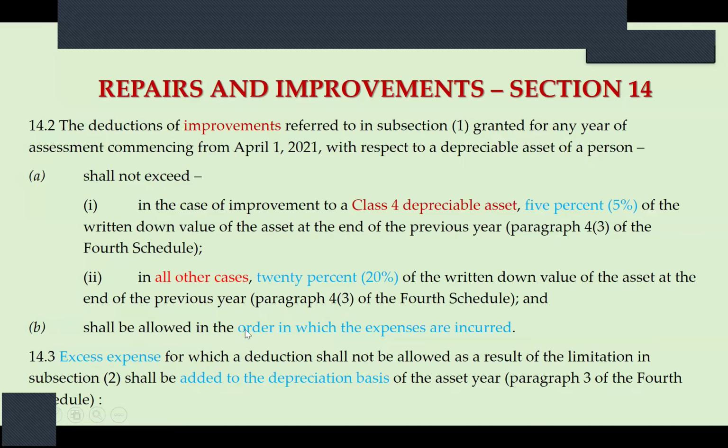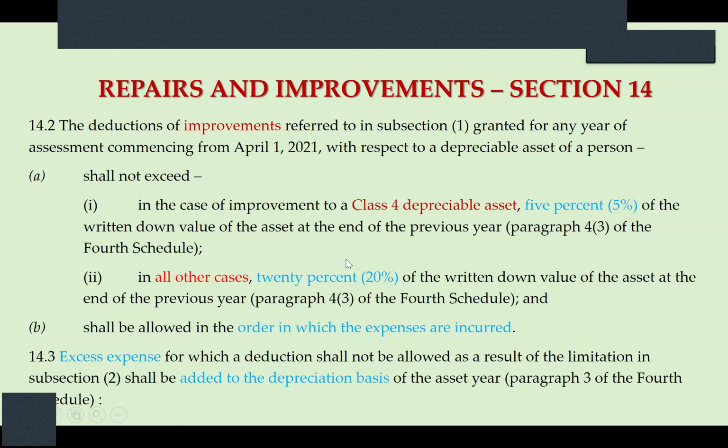So what is that deduction condition? That expenditure, that means improvement expenditure, shall not exceed, in the case of improvement to a class 4 depreciable asset, 5% of the written down value of the asset at the end of the previous year.